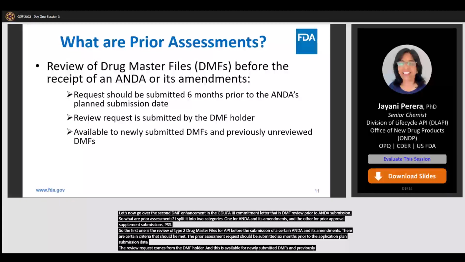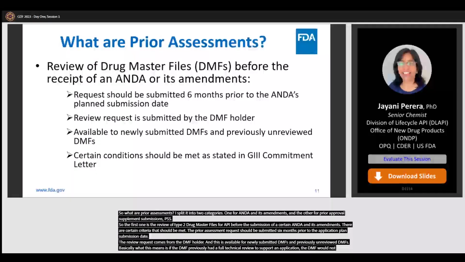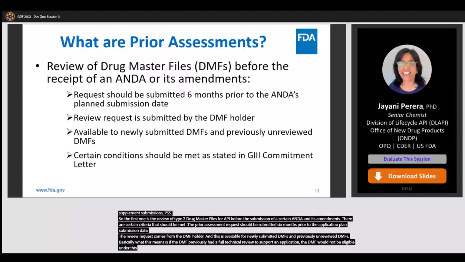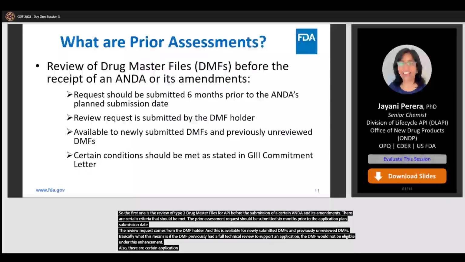Basically, what this means is if the DMF previously had a full technical review to support an application, the DMF would not be eligible under this enhancement. Also, there are certain application-related criteria that should be met before the DMF is picked up for review during the 6 months prior to the ANDA submission.